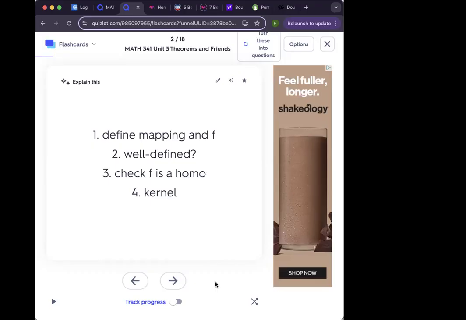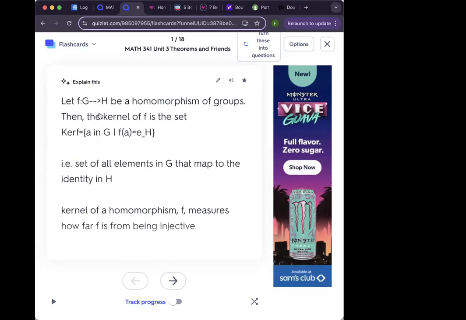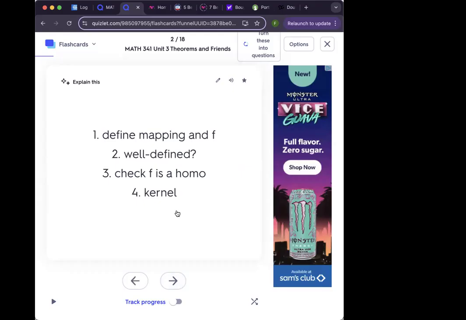And then we want to check if it's well defined, but we may not have to check if it's well defined if Dr. C just gives us the function. If she literally gives us the F of G to H where F of A equals whatever, we don't have to check well defined because technically she already did it by giving us the function.